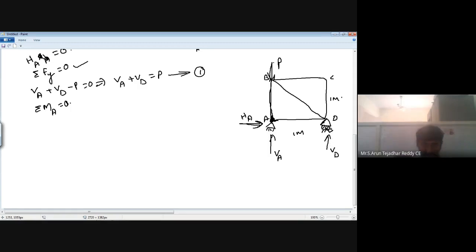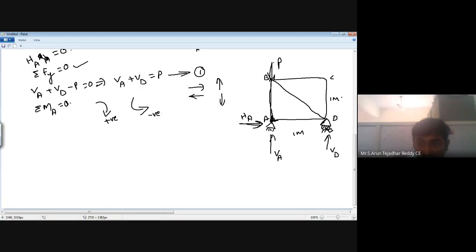In horizontal and vertical directions, we take right side, left side, upward, downward. But while calculating moments, we take clockwise and anti-clockwise directions. Clockwise is positive, anti-clockwise is negative.